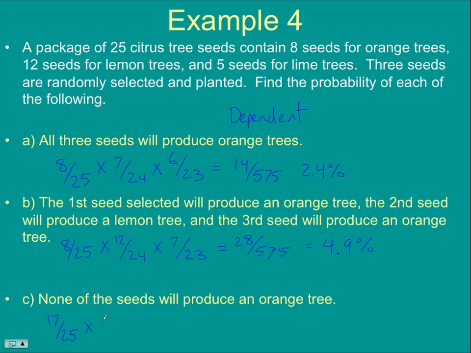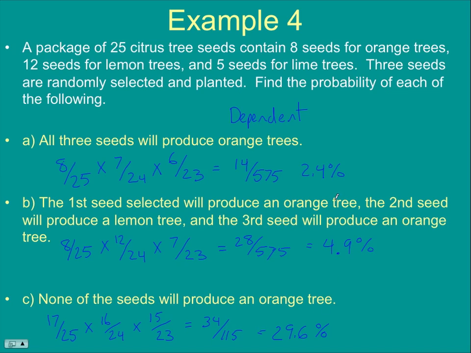And then we assume we get one of those, so it's 16 out of 24. And we assume we planted another one, and so it's 15 out of 23. And when we multiply this together, we get 34 out of 115, which is about 29.6%.